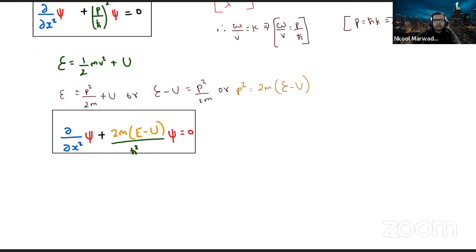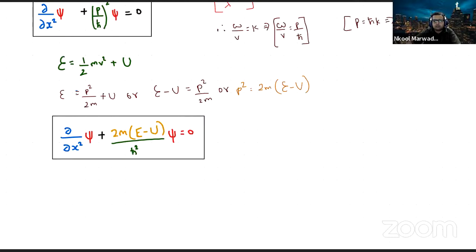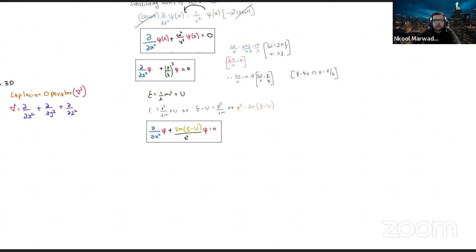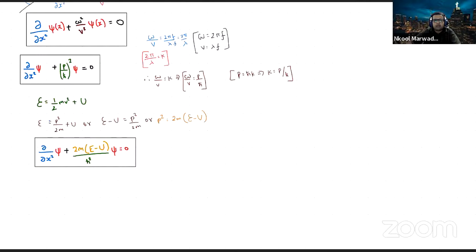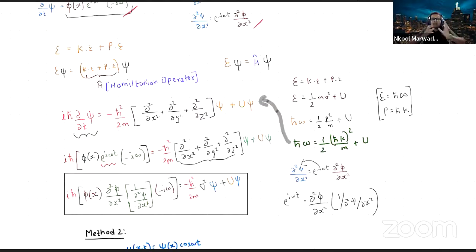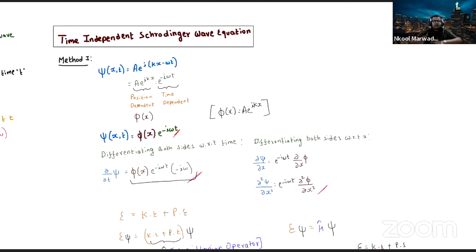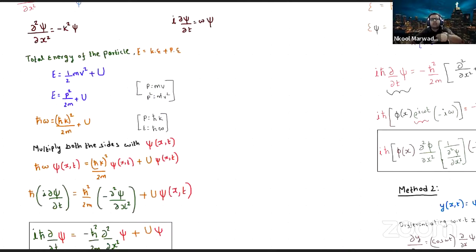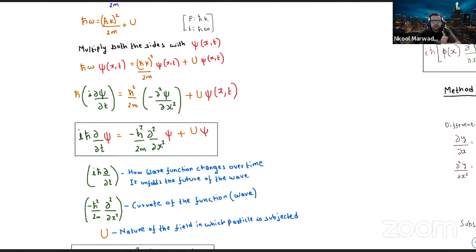So we derived different varieties of the time independent Schrodinger wave equation. We did the complete derivation, as can be seen here. Just a very quick wind up of what we did today. We started with a normal wave equation, which is time dependent.